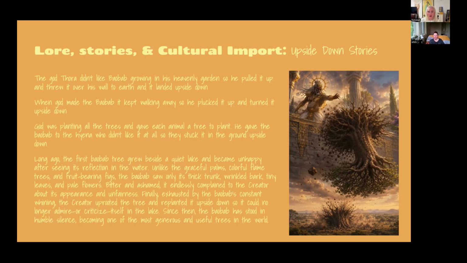All the baobab saw was its thick trunk and its wrinkled bark and its tiny leaves and its pale flowers, and it became sad and bitter and ashamed. It complained to the creator about its appearance and how unfair it was that it looked the way it did.